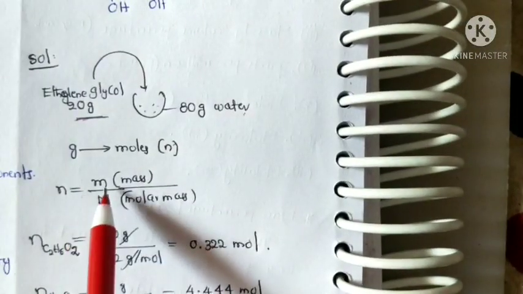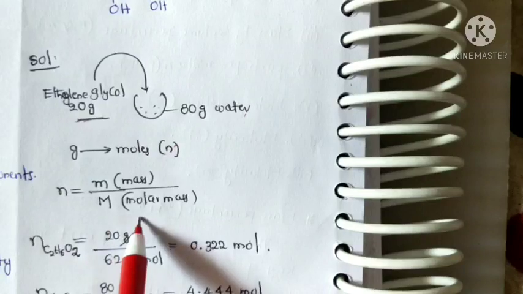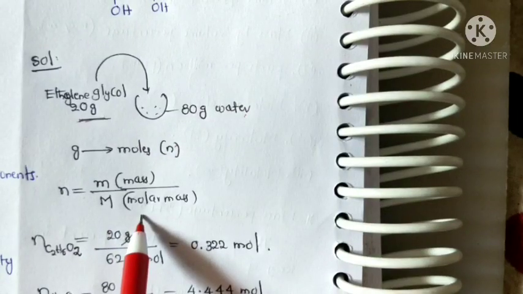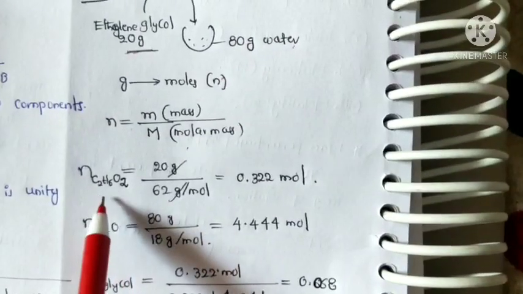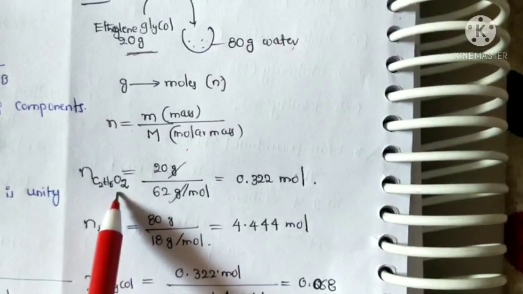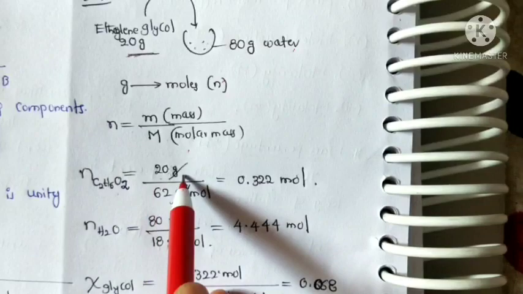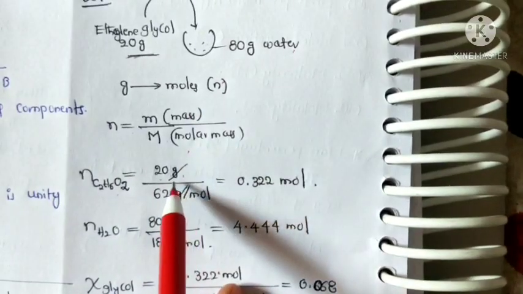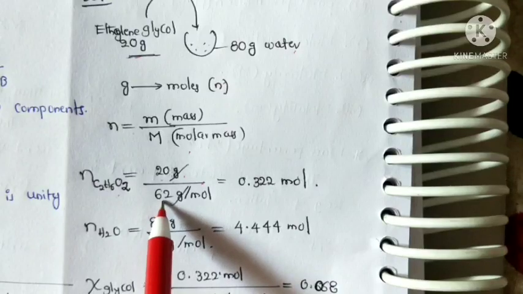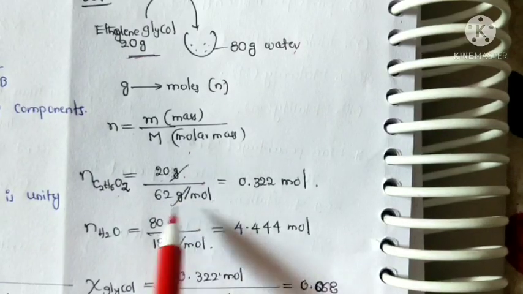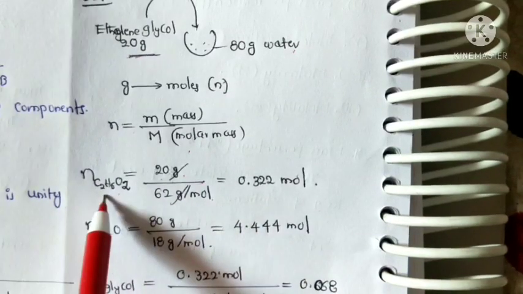What is the formula of moles? Number of moles is mass by molar mass. So now we can determine the number of moles of ethylene glycol for 20 grams. 20 grams divided by 62 grams per mole, which is the molar mass of ethylene glycol.